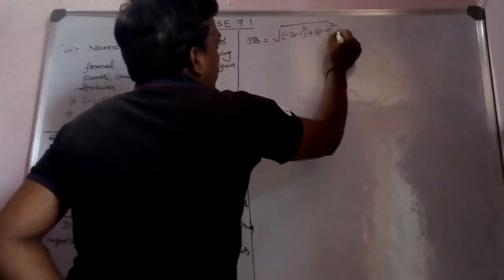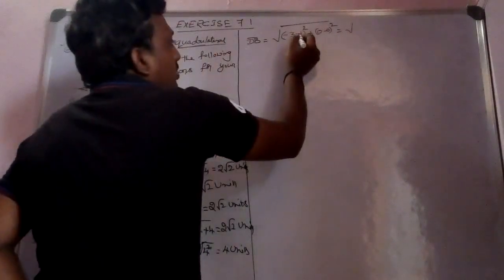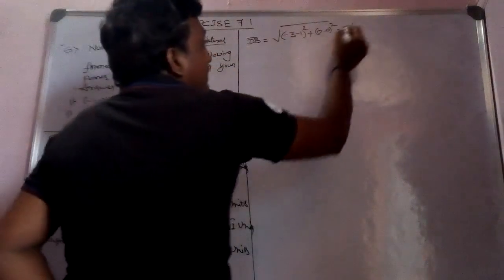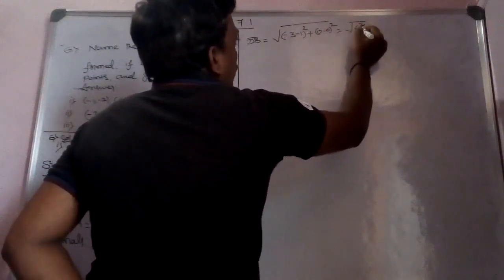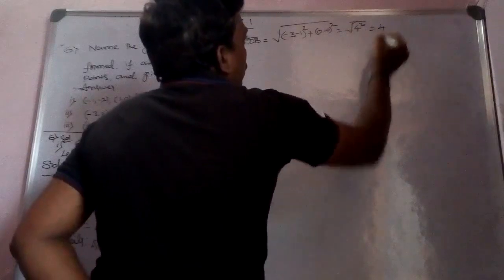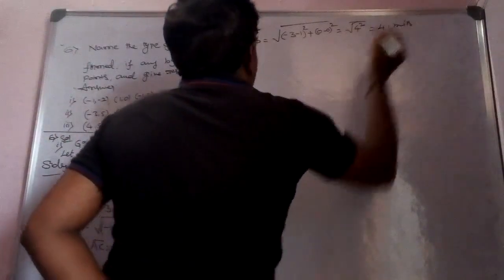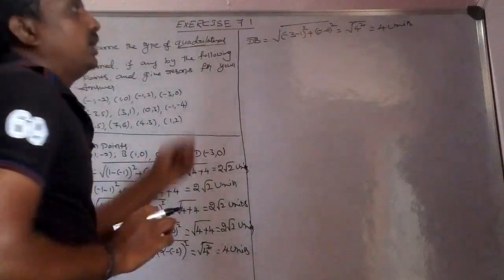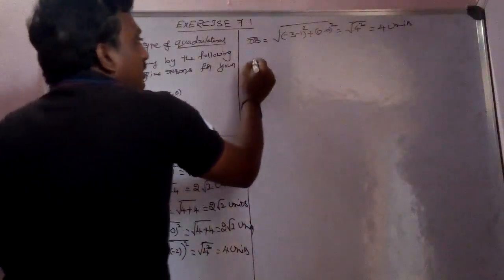That is (-4) whole square, which is 4 square. Square and square root get cancelled. We get 4 units. So all sides are equal and diagonals are also equal. So it is a square.